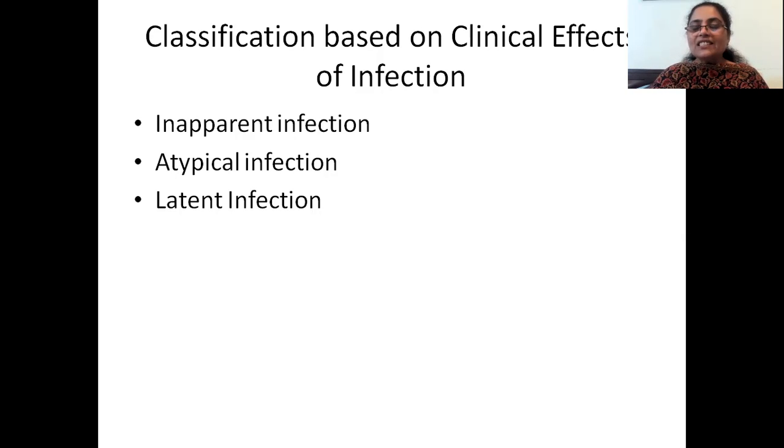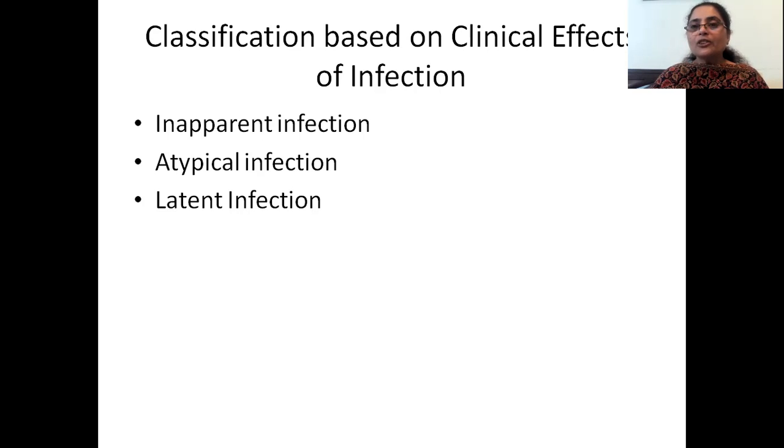Now, what is latent infection? Latent infection is when the microorganism is residing inside the cell, but not replicating and not producing any symptoms. Again, we take the example of Mycobacterium tuberculosis. If primary infection happens, it gets cleared off, but it can go into the macrophage and hide itself inside the macrophage.